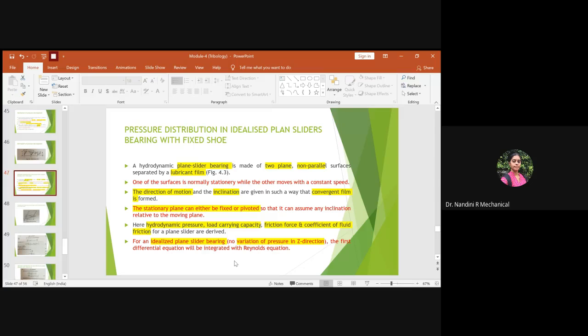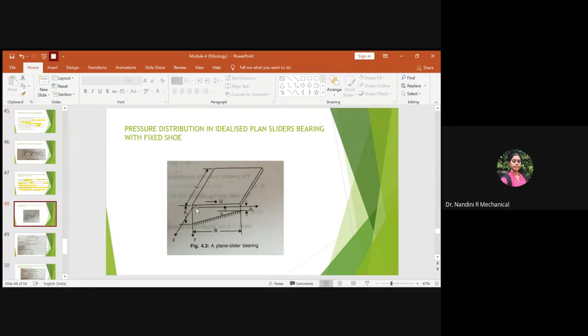Keep these factors in mind. I think we have discussed these concepts, but let me go through them again. One surface can be considered stationary. In the diagram, the velocity is given for the top surface, which shows that the top surface moves with a constant velocity while the bottom surface is held stationary.